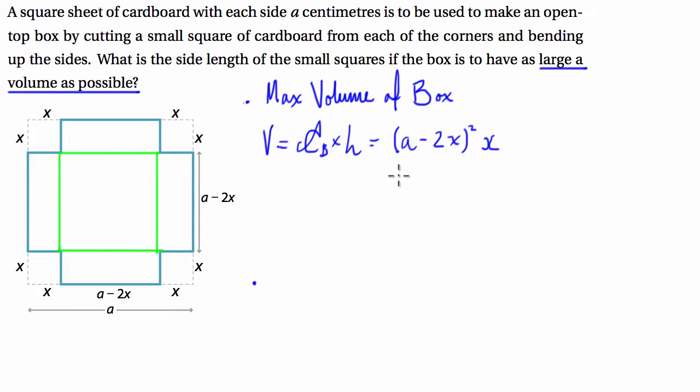Cool. So we can rewrite that by expanding out our brackets, and we get the volume is going to be equal to A squared x minus 4Ax squared plus 4x cubed.